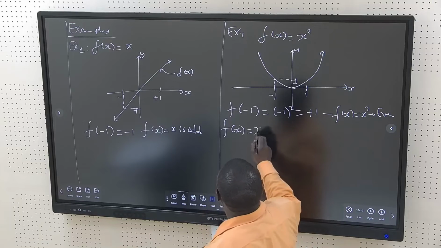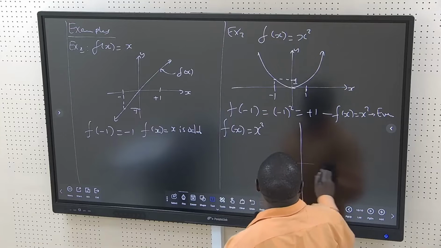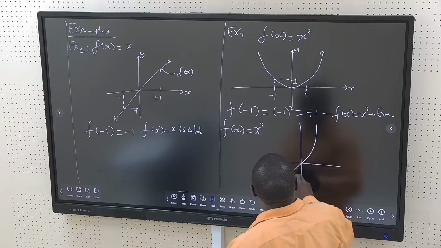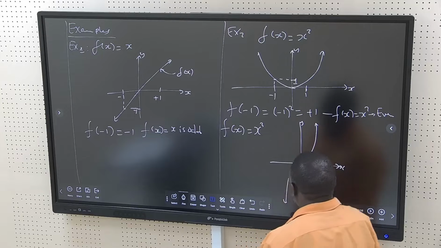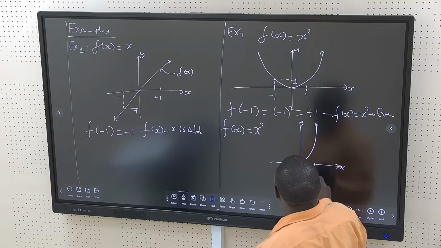Say f of x equals x cubed. So we have this one here. This is y, and this is x. So we have here negative 1, and here 1.